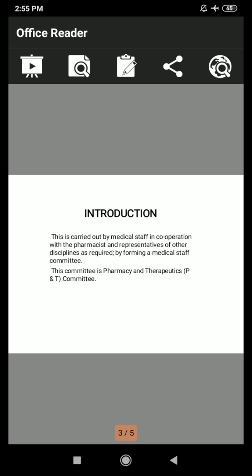The medical staff are responsible for the policies and practice of drug utilization within the hospital. This is carried out by the medical staff in cooperation with the pharmacist and representatives of the other disciplines as required by forming a medical staff committee. This committee is pharmacy and therapeutic, that is P&T committee.